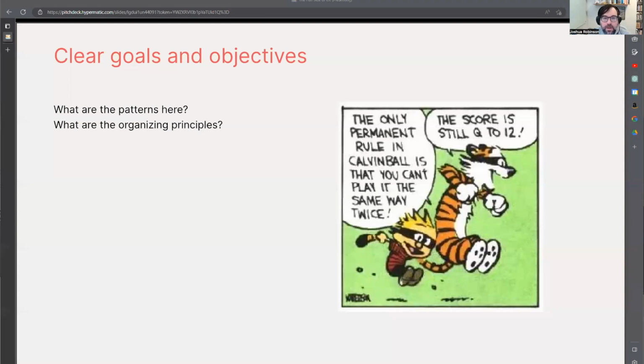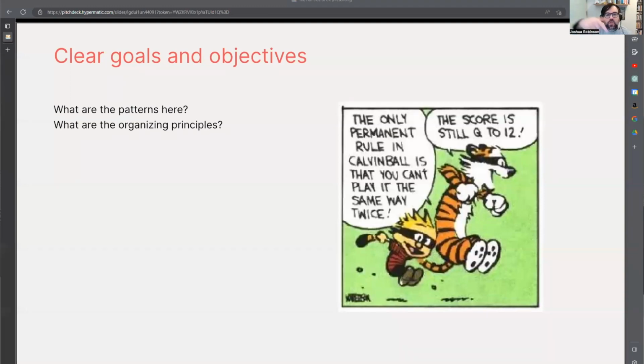Now, I said earlier, when I was looking at the picture of Go, I was visually overstimulated, certainly, but I don't know the goals and objectives of the game. I don't know the patterns. I don't know what the organizing principles of the game are. So challenges are going to be more enjoyable when they involve clear goals or objectives that give me a sense of purpose and direction.